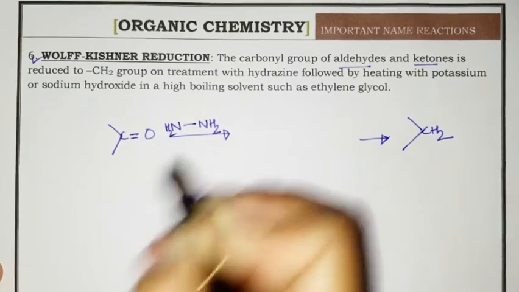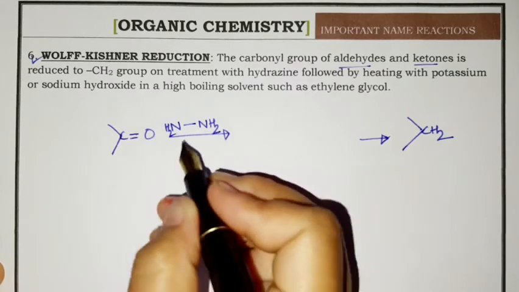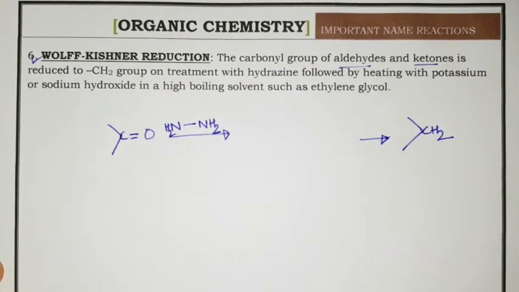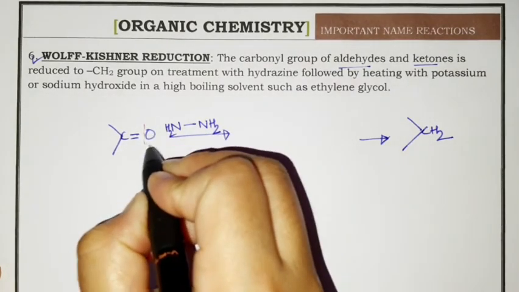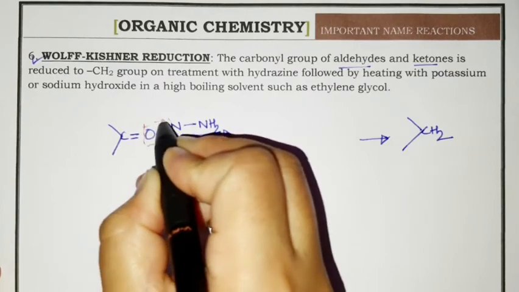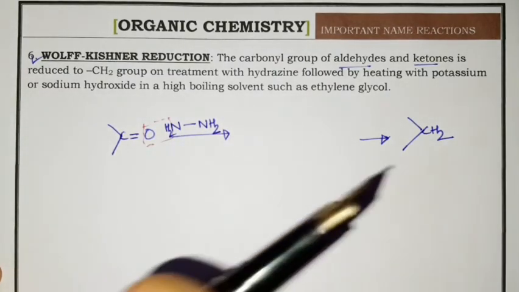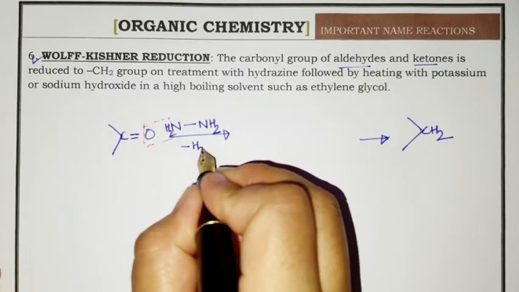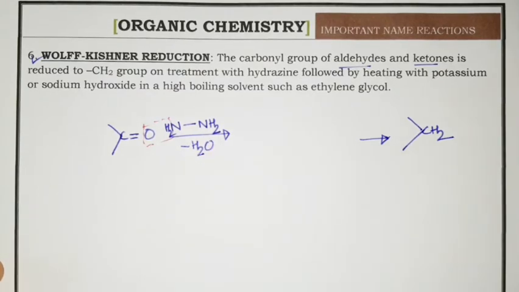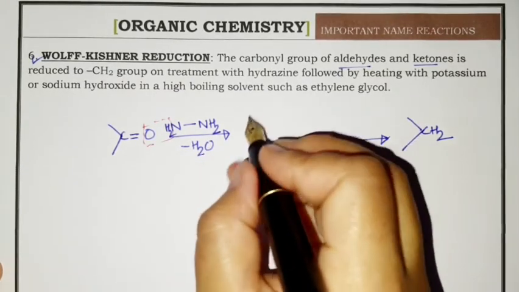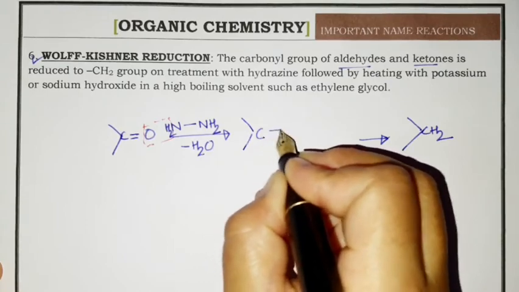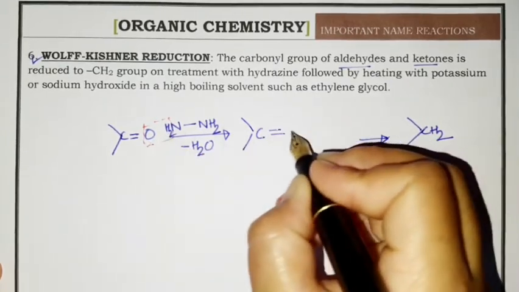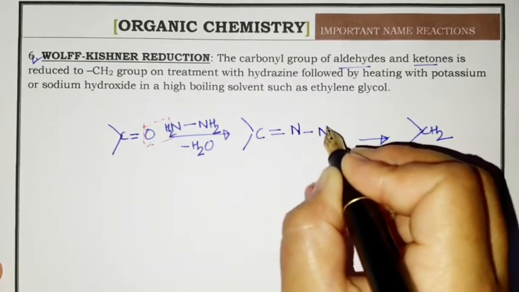So this is called hydrazine. Okay, when reacting with hydrazine, now two H of hydrazine and the O of the carbonyl, this will be removed as water, okay, and the two will form a bond and we'll get C double bond N, then NH2.